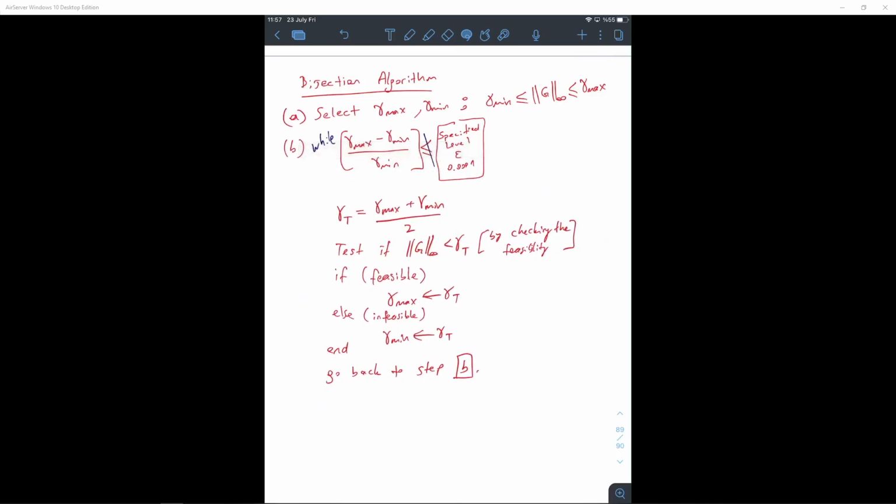here this is the condition, and this is the end, and we don't need to say go back to step B. And here we can write display gamma max and gamma min at each step.